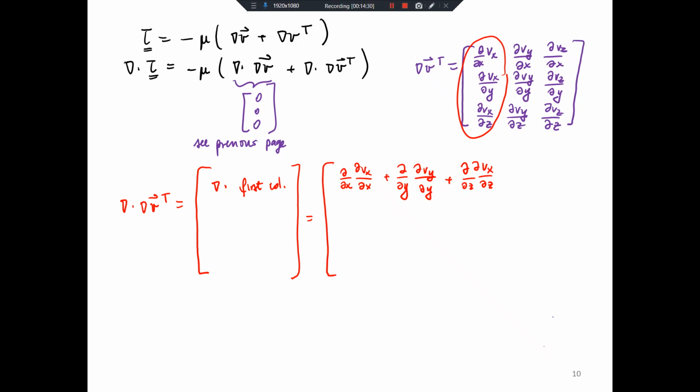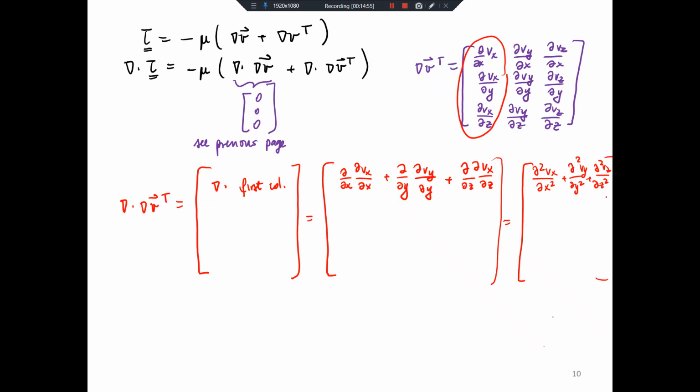So I can see that this is equal to d squared vx/dx squared plus d squared vy/dy squared plus d squared vz/dz squared. And this, by definition, is the Laplacian of V.